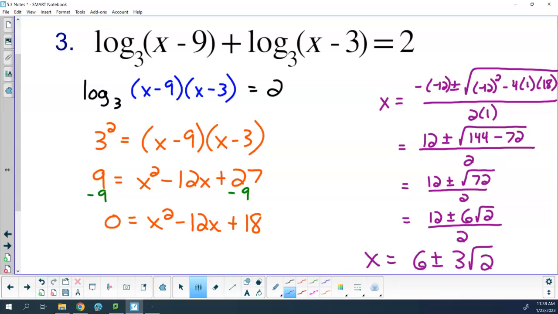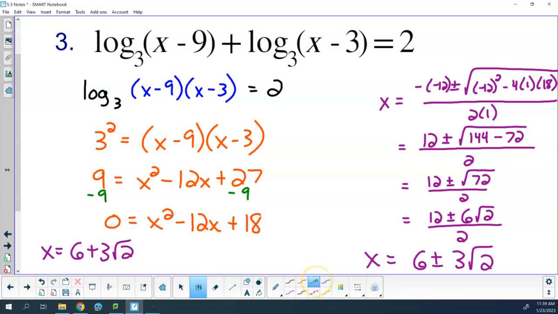Okay? Now, if I break those up, I've got x equals 6 plus 3 square roots of 2. Approximately, how big is 6 plus 3 square roots of 2? 10.24-ish. Okay, so let's check.